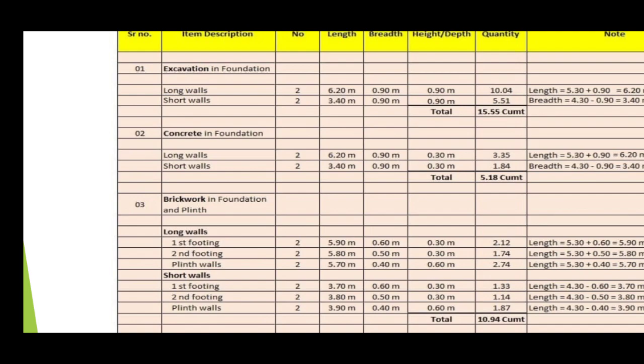Now the breadth of item for excavation is the same for both walls, long wall as well as short wall. The breadth is 0.9 meter, or 0.90 meter. The height or depth of excavation is 0.9 meter.